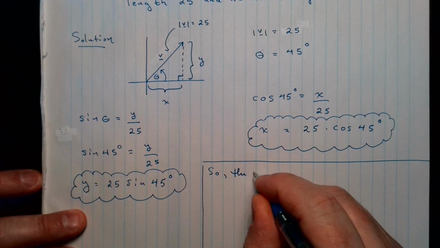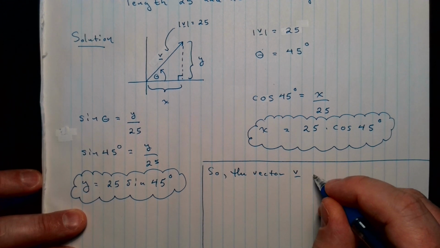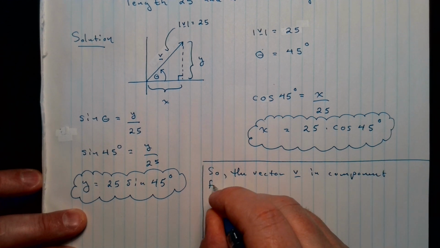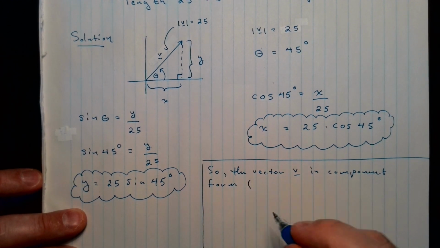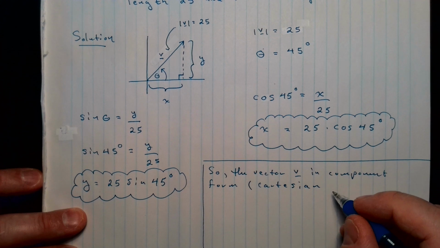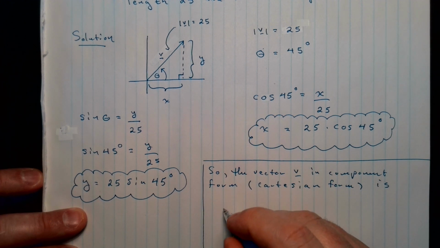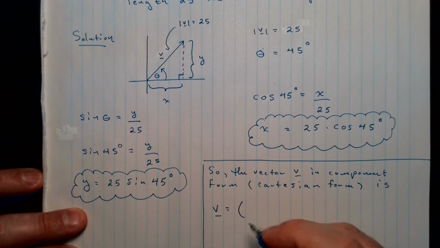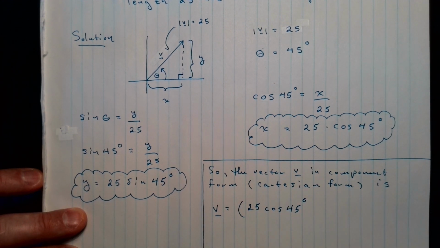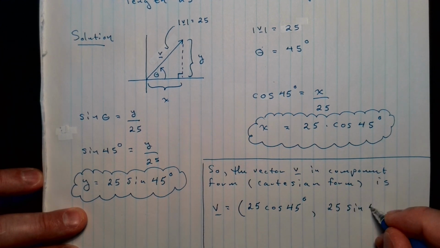The vector v in component form, we'll call that Cartesian form, so it's just specifying it with an x and y coordinate, is 25 cos 45 degrees and 25 sine 45 degrees.